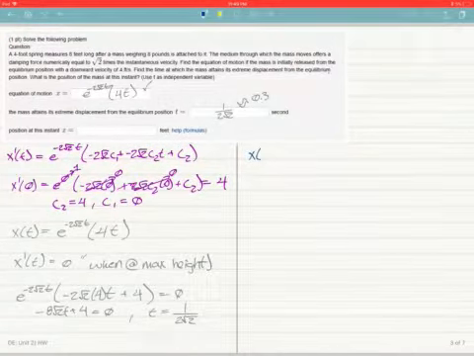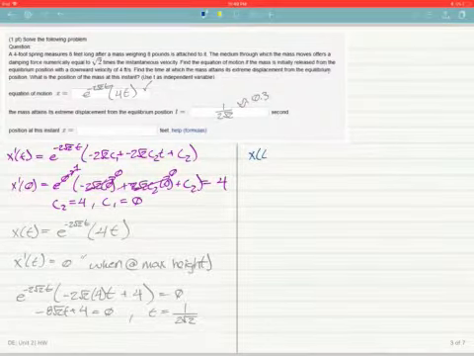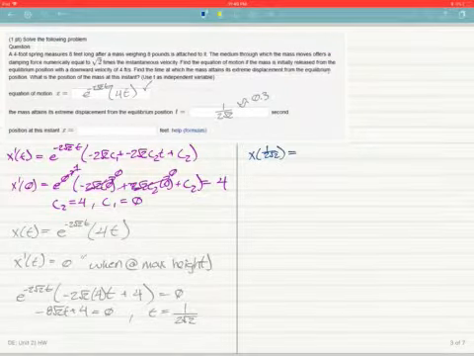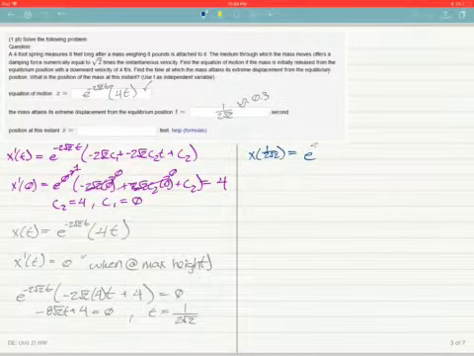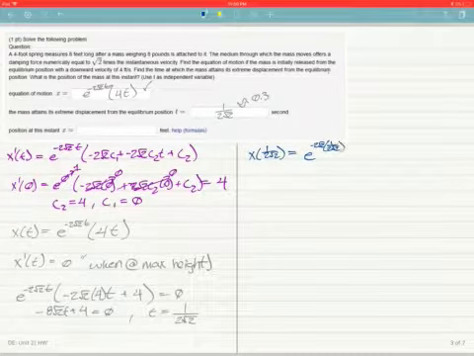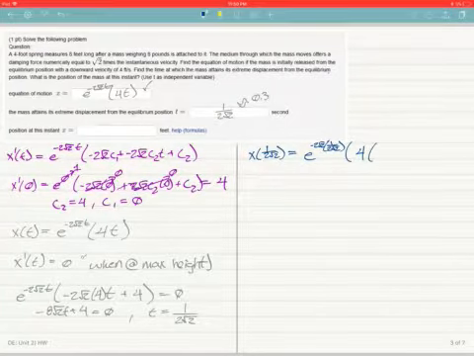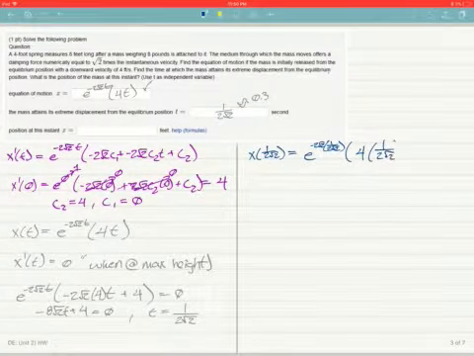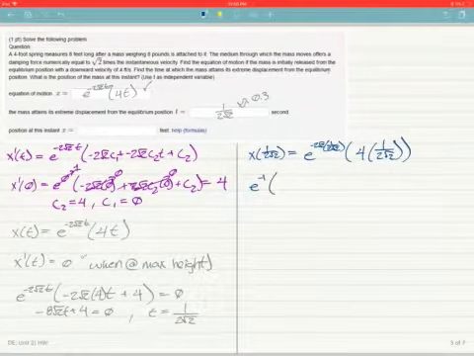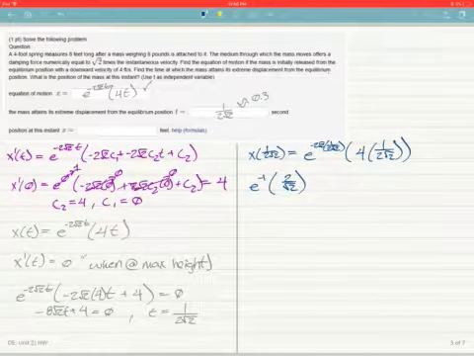So now we're going to solve for the position. Putting into our equation of motion x of 1 over 2 square root of 2, we get e to the negative 2 square root of 2 times 1 over 2 square root of 2, times 4 times 1 over 2 square root of 2. Simplifying, we get e to the negative 1, and then 2 over square root of 2.